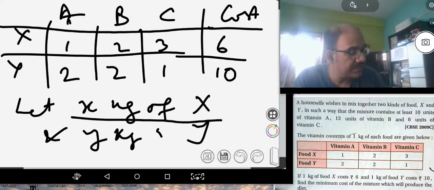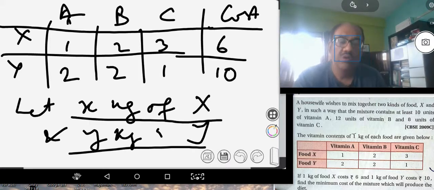Per kg, food X costs rupees 6 and food Y costs rupees 10.